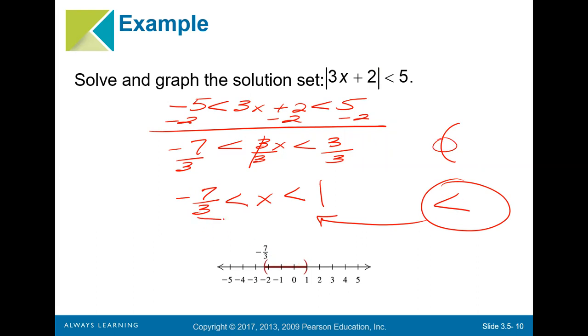And if you notice, this negative 7/3 is right here. It has a parenthesis. X is falling between it and 1, which has a parenthesis. If it has no equal sign with it, it means we're approaching those points, right? But if it has an equal sign, it says we're exactly on that point and so forth.